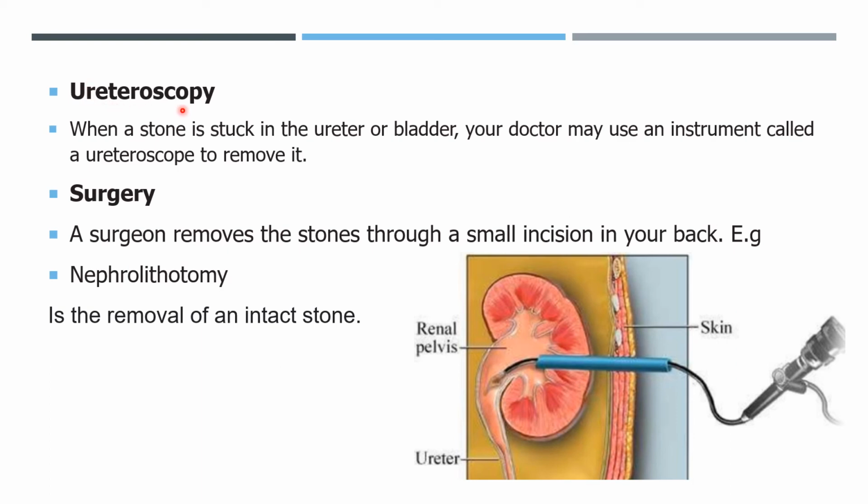The next one is ureteroscopy. What is it? It is basically a procedure to address kidney stones, and it involves the passage of a small telescope, called the ureteroscope, which is an instrument. It involves the passage of the ureteroscope through the urethra and bladder and up the ureter to the point where the stone is located.